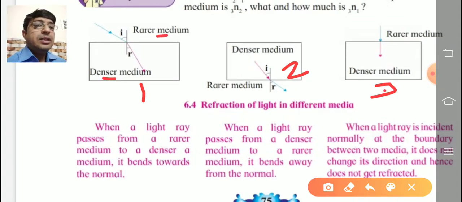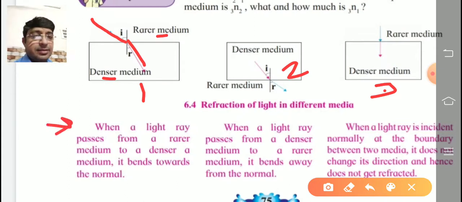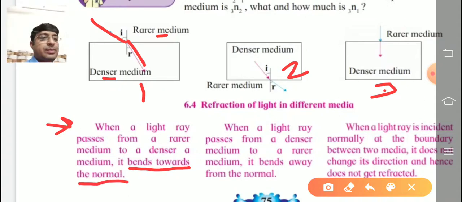When the incident ray passes from a rarer medium to a denser medium, it bends towards the normal. This is the answer: when a light ray passes from a rarer medium to a denser medium, it bends towards the normal.